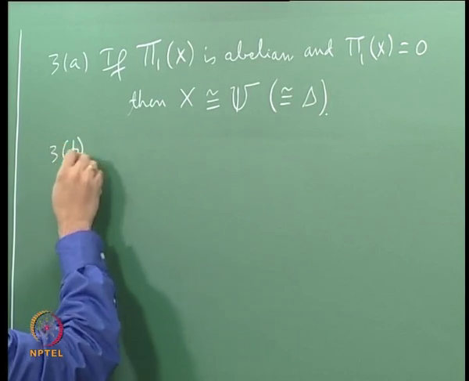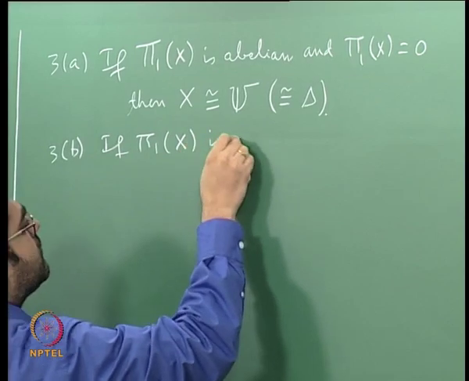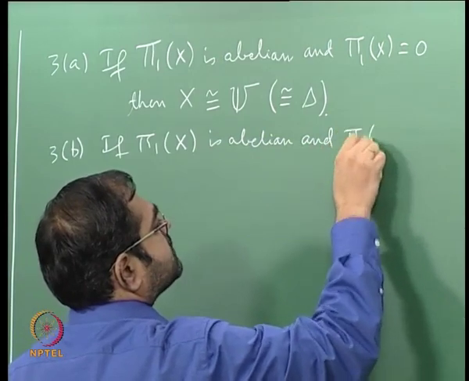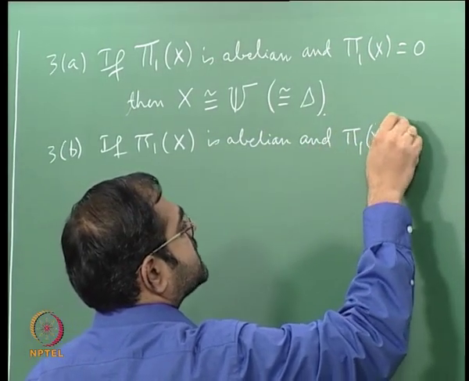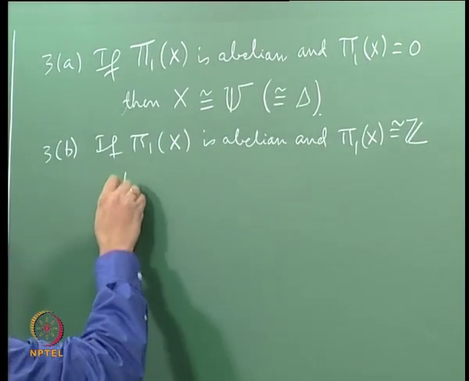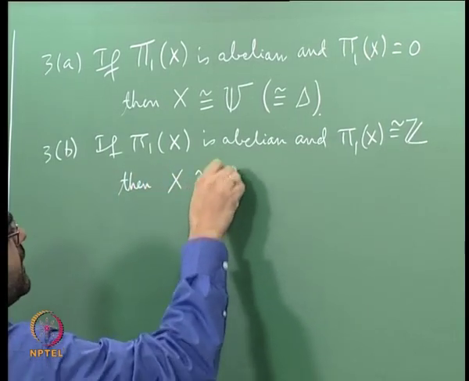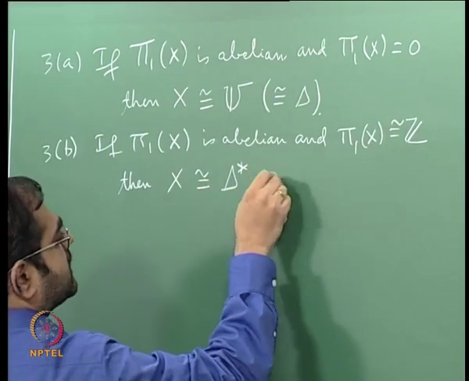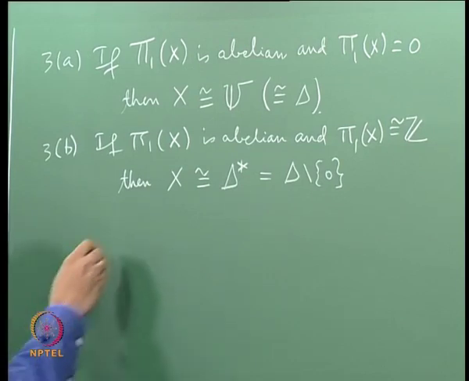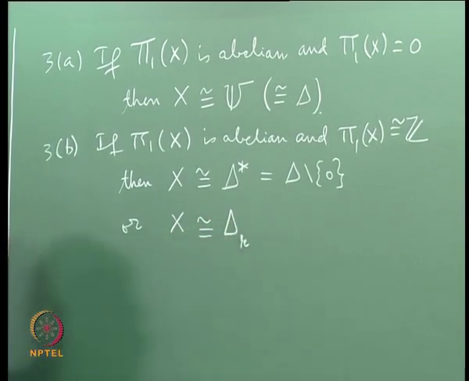3b, if pi 1 of X is abelian and pi 1 of X is isomorphic to Z, then X is isomorphic to either delta star, which is delta minus the origin, the punctured unit disk, or X is isomorphic to delta sub r.